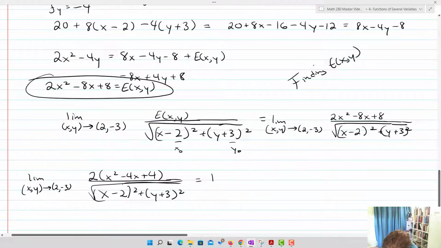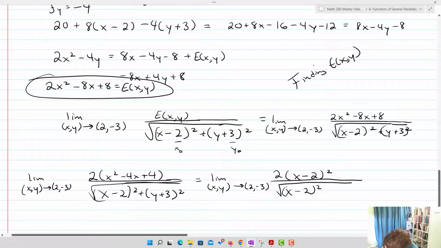And this is then going to be the limit as (x, y) approaches (2, -3) of 2 times (x - 2) squared divided by the square root of (x - 2) squared plus (y + 3) squared.